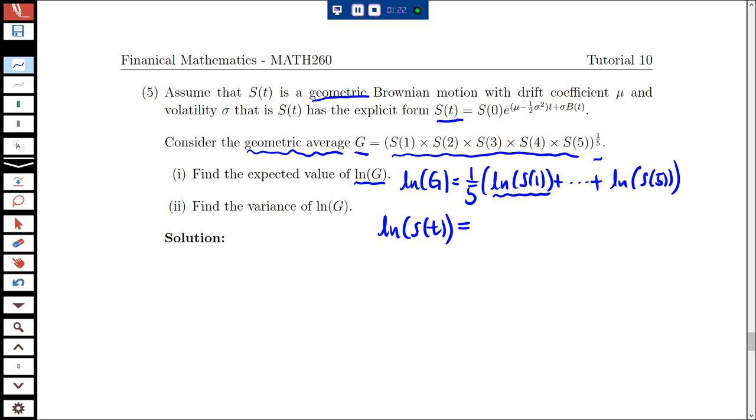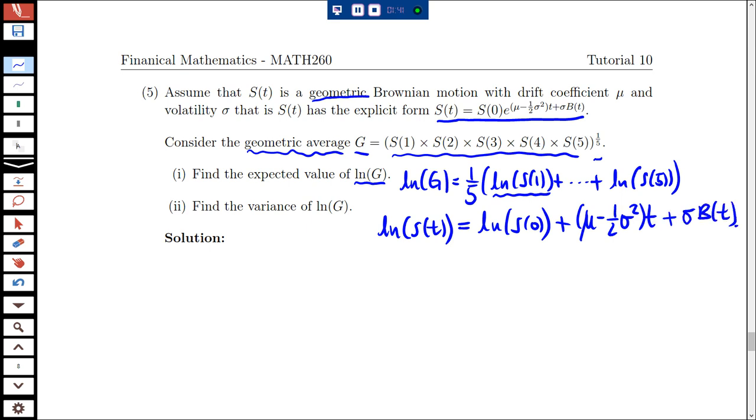So if we take logs of this, we get the following. Okay, and we're now ready to compute the expectation of log of g.